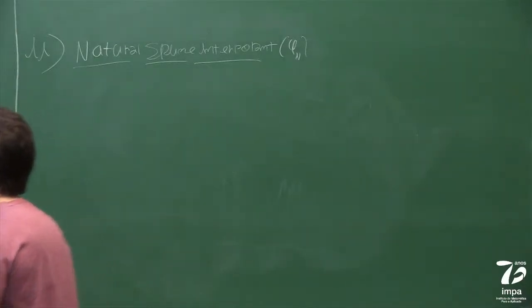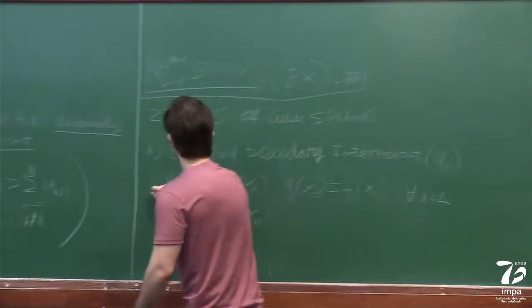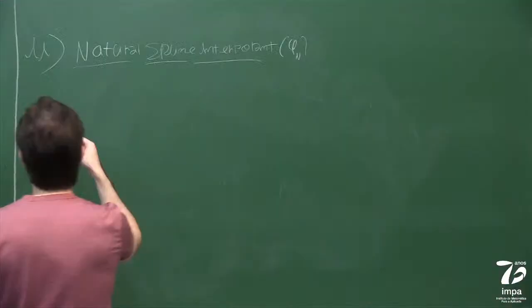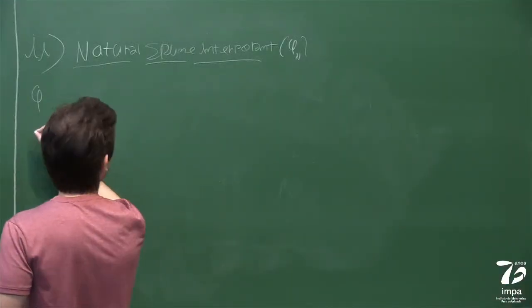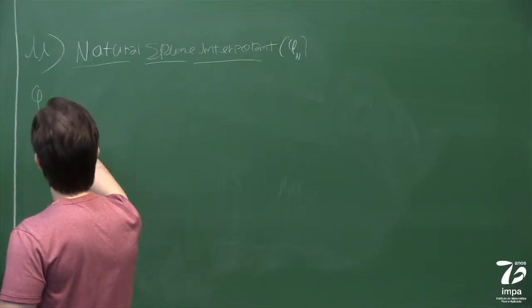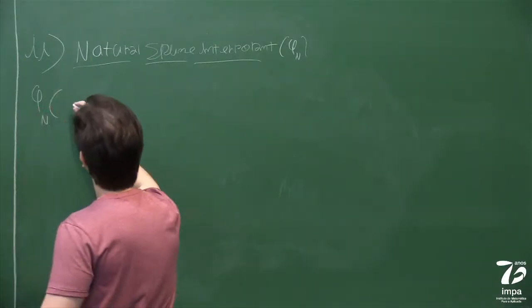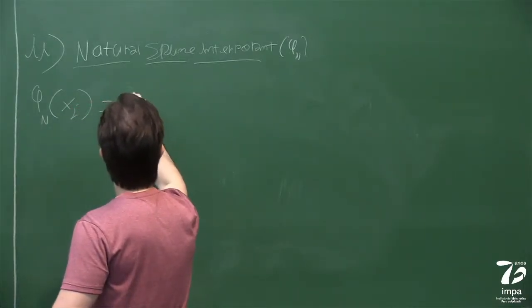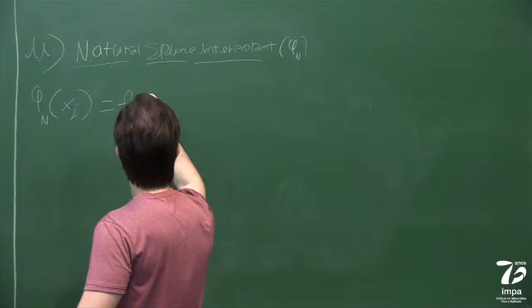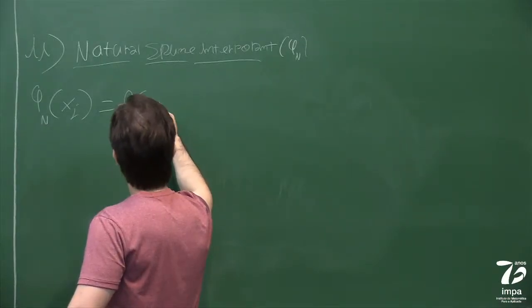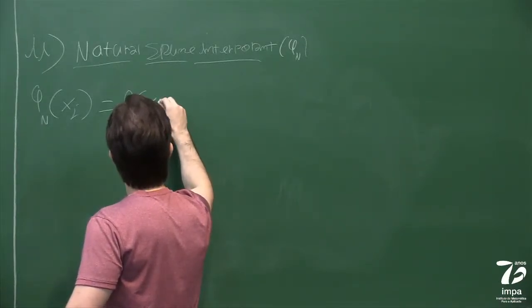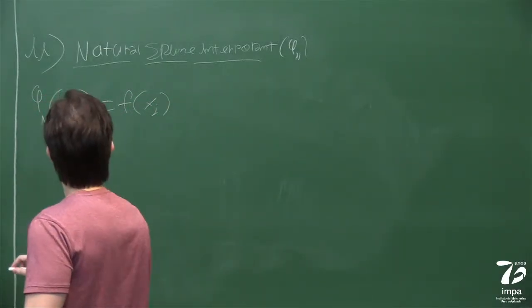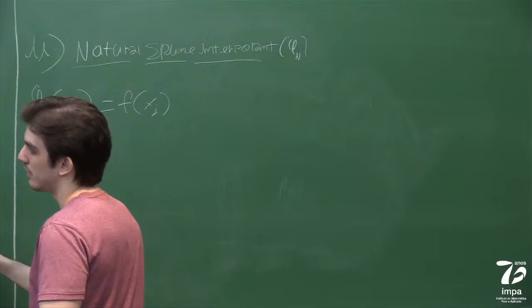And what we do, okay, so here we have these three conditions, right? Those. And now we want to match our interpolating function phi n at each mesh point to our given function f, right? At other mesh points. Of course, this is an interpolation scheme. But now we don't care about the derivatives.